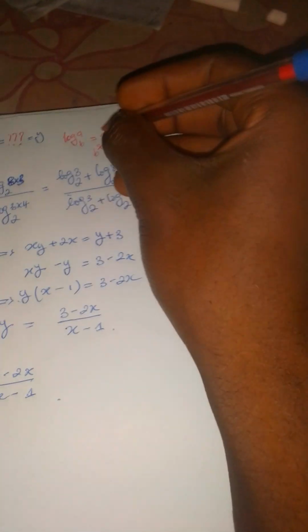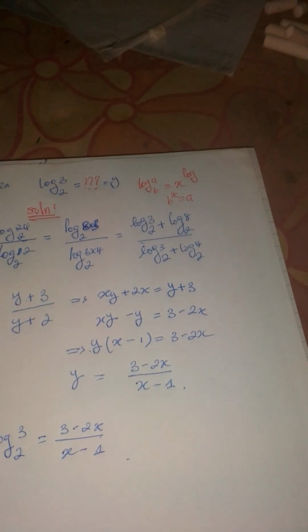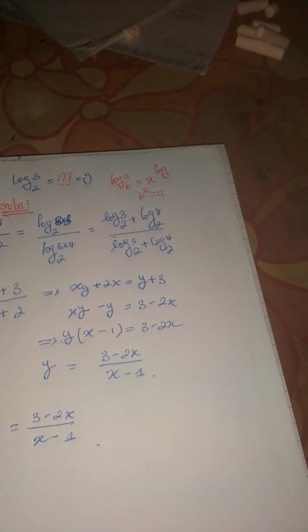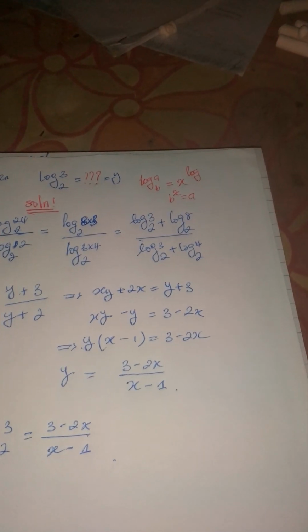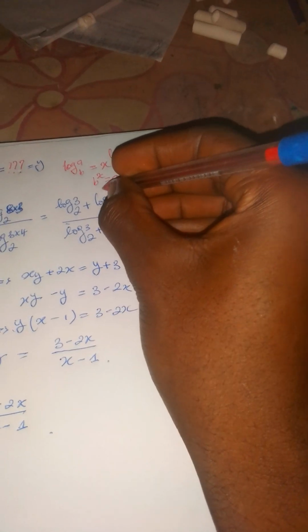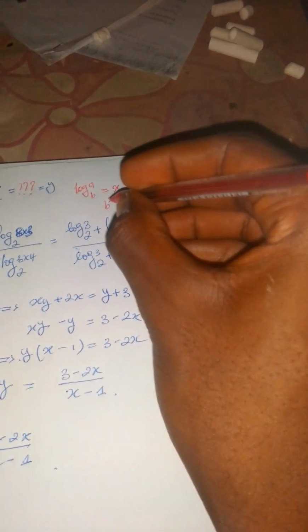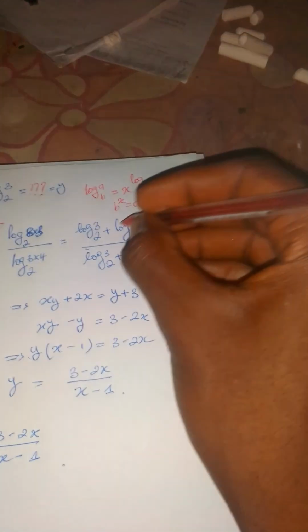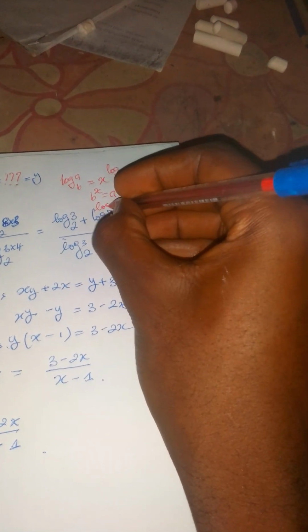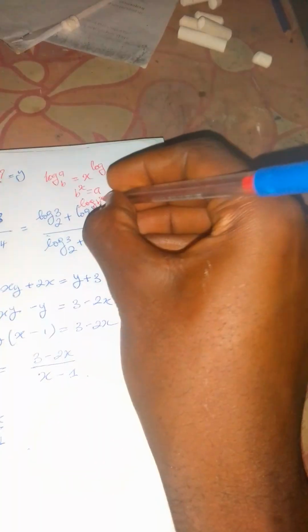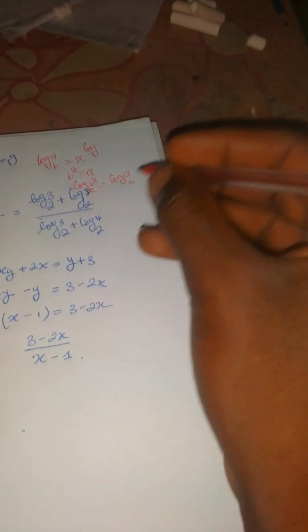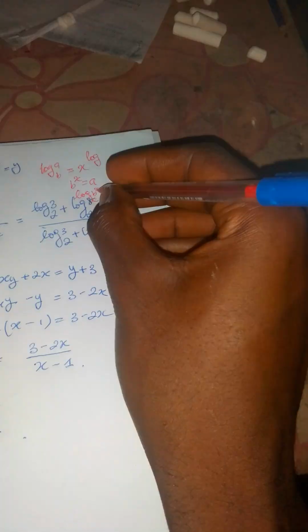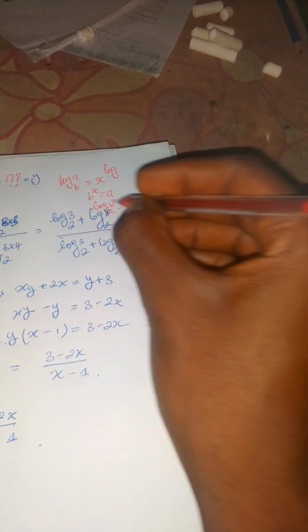Then if I change the base to, say, c, I take logs to the base c on both sides. I have log of b to the power x base c equals log a base c. From the power rule of logarithm, this power can drop.